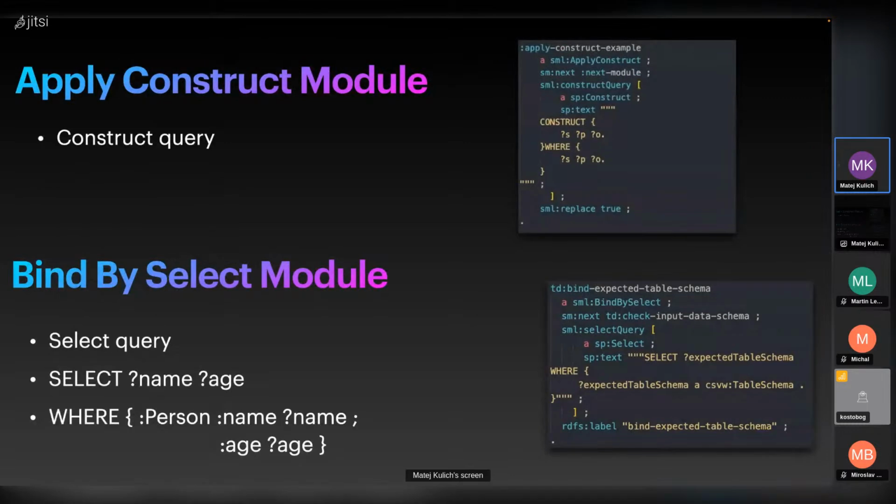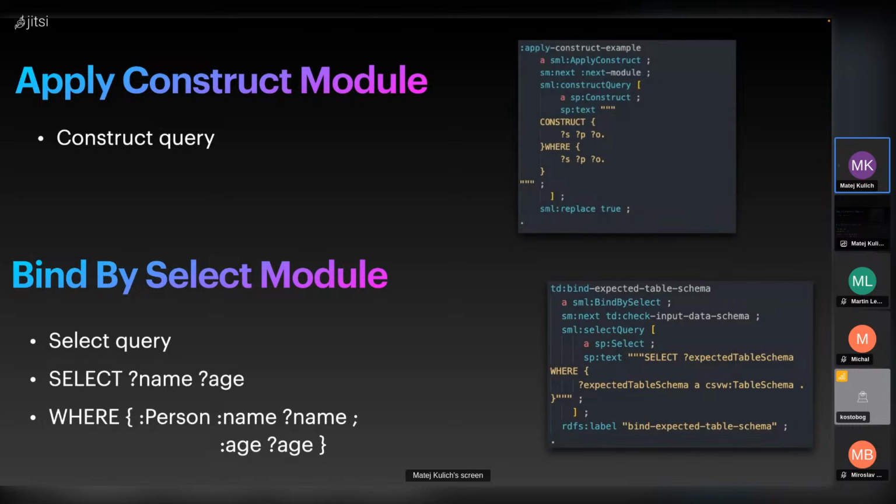Okay, the most used module is apply construct, which is responsible for applying SPARQL construct queries to RDF data. The module takes in one or more construct queries as an input, along with other parameters like whether to replace existing data and how many iterations to run queries for, and so on.